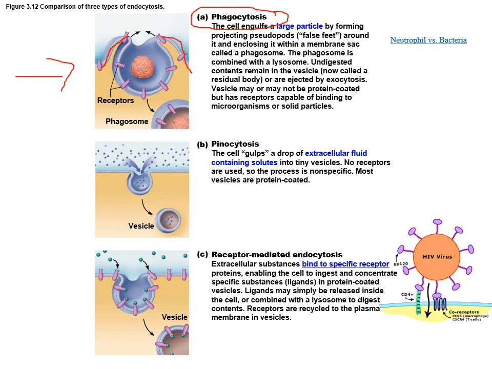And whenever there's an item that we're trying to move in, the cell membrane will fold inwards, encapsulating its object of choice, and it will pinch off a piece of the membrane, forming a little vesicle. If the item on the inside is a larger solid item, we can say it is doing phagocytosis.